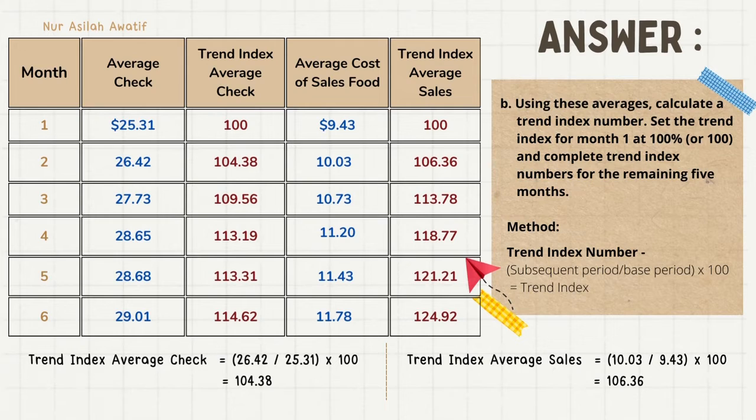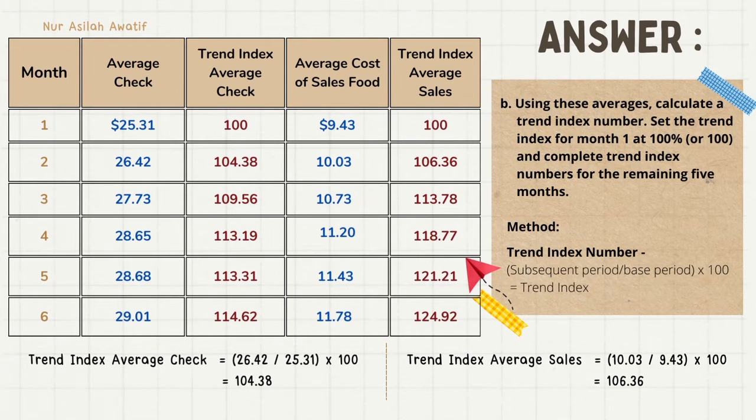For the example, let's take a look at the table of the first month. In order to find trend index average checks, we need to divide the average checks in second month with average checks in first month. So, 26.42 divided by 25.31 and times with 100, then we will get 104.38 for the trend index average checks.